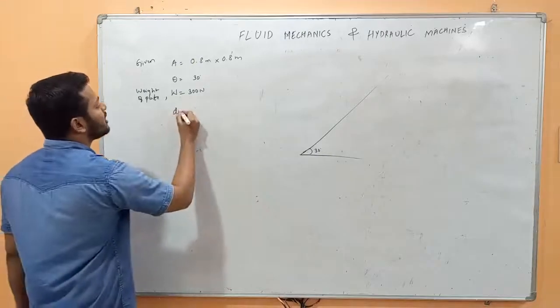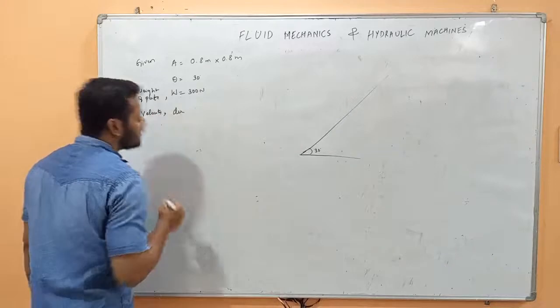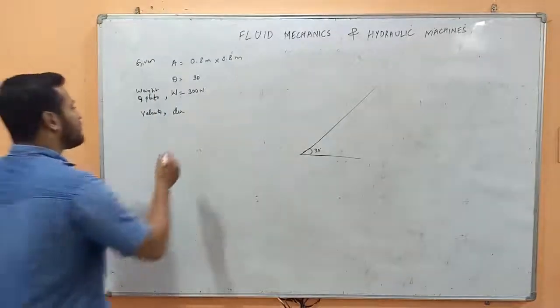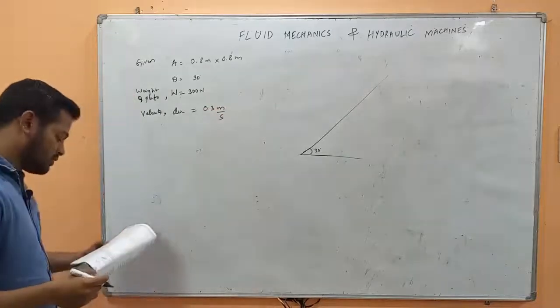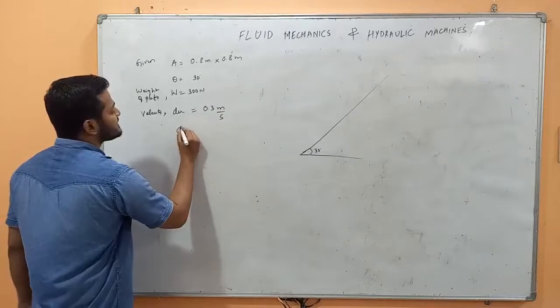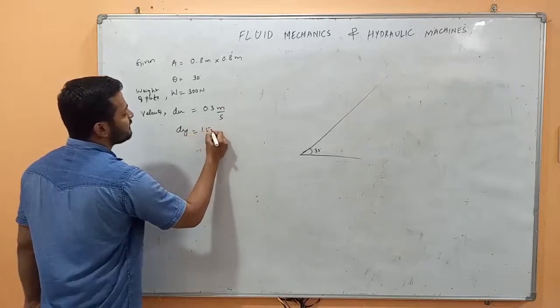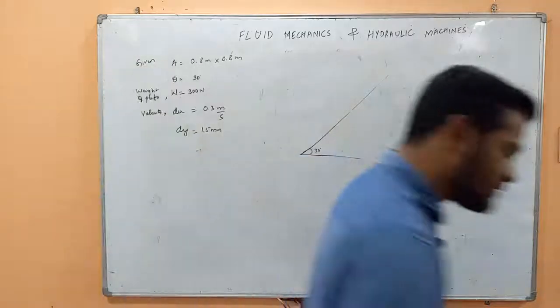So du value, which is velocity, we denote velocity with du. Du value is given as 0.3 meter per second. The thickness of oil film is 1.5 mm. Thickness dy is given as 1.5 mm. Okay, so this is the given data.